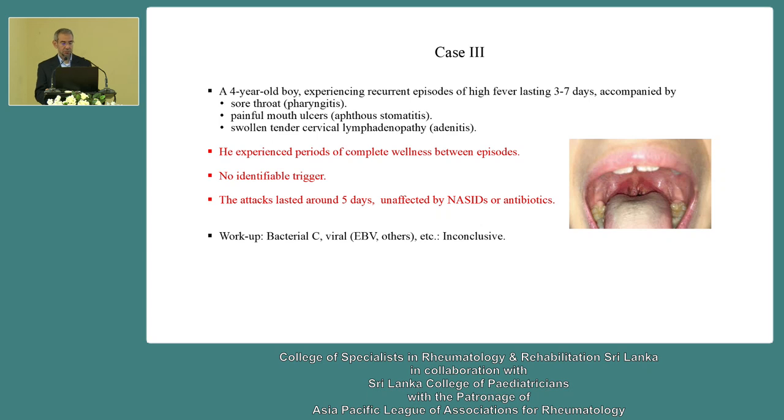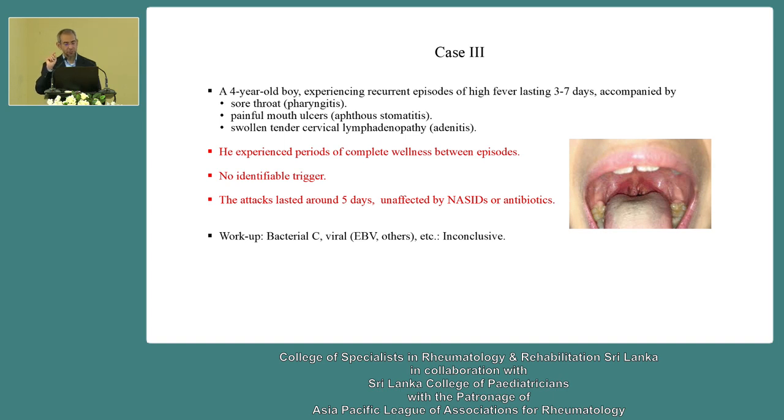He experienced periods of complete wellness between episodes, with no identifiable triggers. The attacks lasted around 5 days, unaffected by NSAIDs or antibiotics. So he keeps presenting with the same attacks. So the workup for bacterial, viral, and others was inconclusive. So what do you think the diagnosis is?